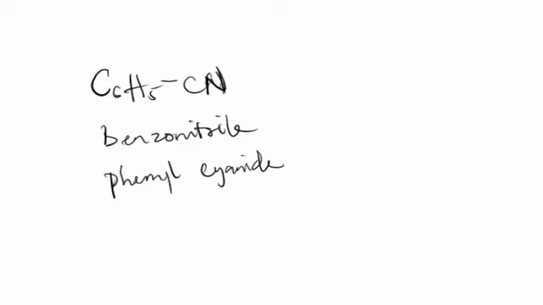Alright, so let's look at the IUPAC rules for naming thiols and thioesters. So ordinary compounds having the thiol groups at carbon 1 can be named by adding the suffix thiol. For instance, if I should have CH3, CH2, CH2SH.